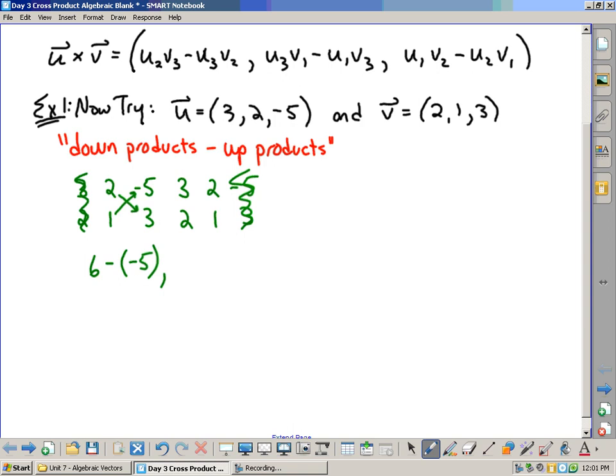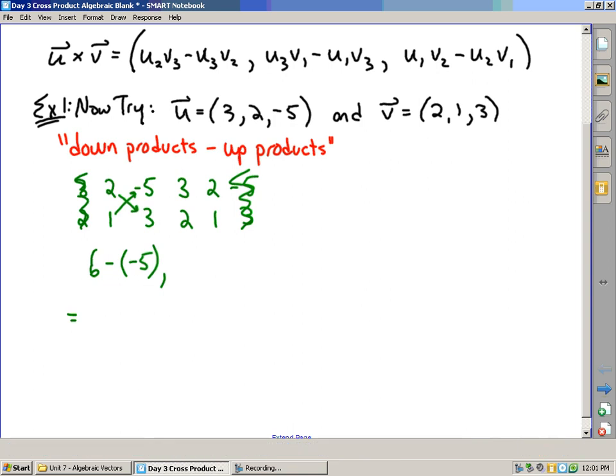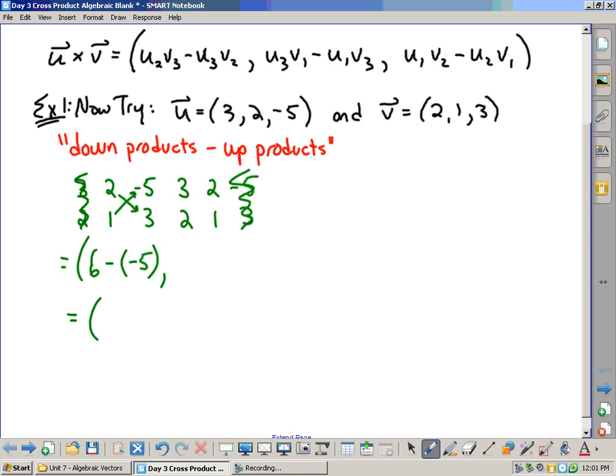That is going to be our first component to our vector answer. So it's 6 minus negative 5, which is 11.